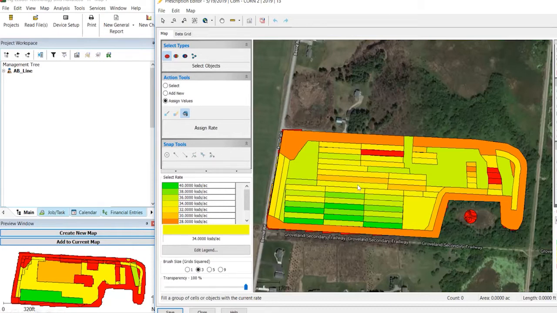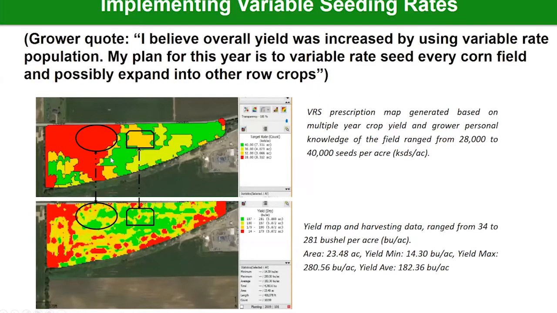And I think we had this slide. The result is very promising. It's proven to be applicable. And I think I read this code, and the farmer is going to continue that.